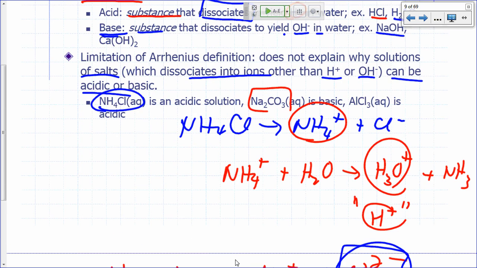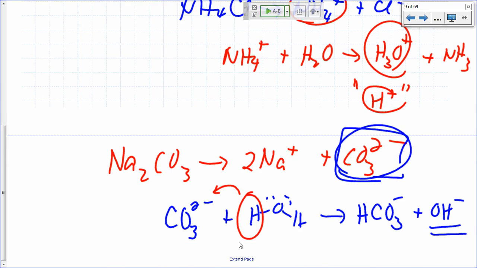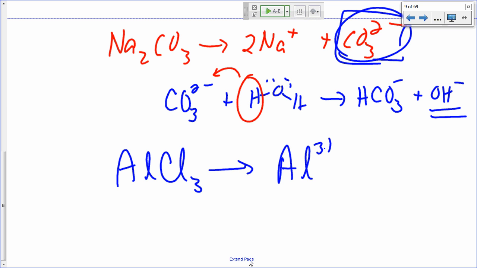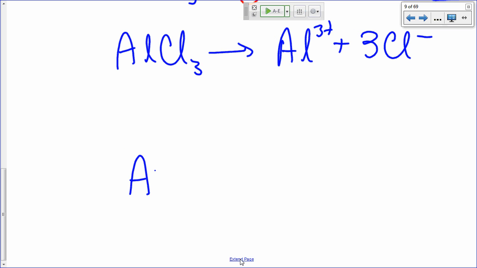Okay? So aluminum chloride is another example. Aluminum chloride gives you aluminum ions and chloride ions. Where's the H plus there? No H plus there. But if you put aluminum chloride in water, you're going to get an acidic solution. And the reason for that is aluminum ions in water are actually surrounded by water molecules. They form what's known as coordinate covalent bonds.